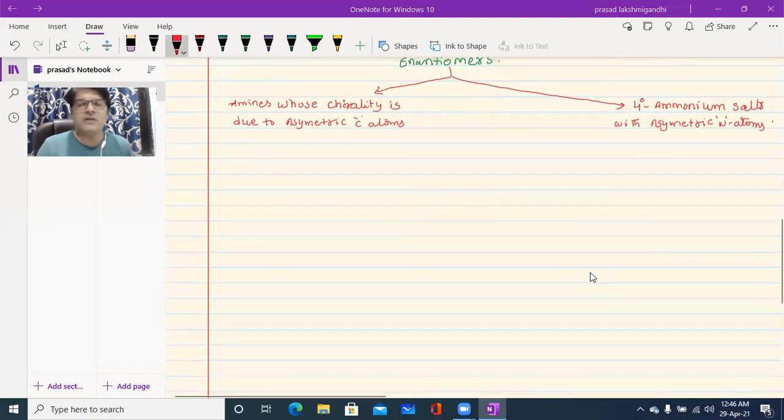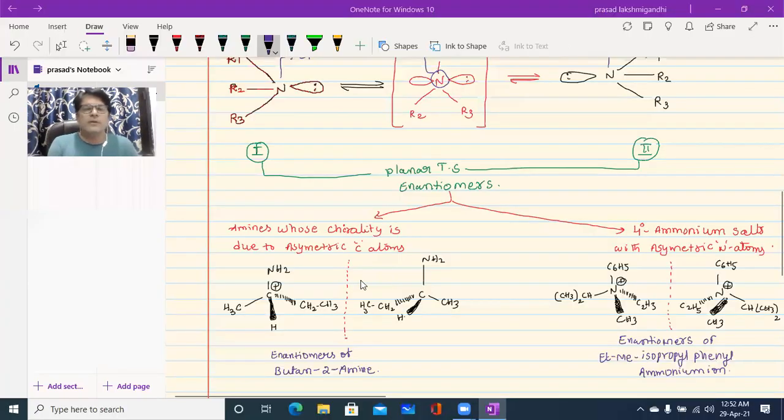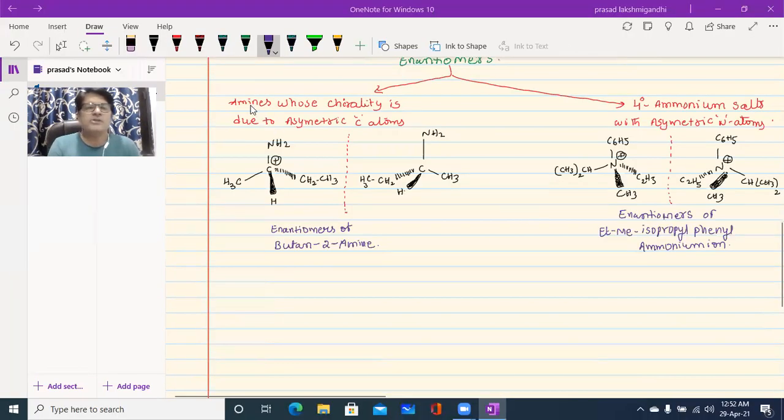Now see, here I'm going to draw and show how the enantiomers arise. I have already drawn the structure of the amine whose chirality is due to an asymmetric carbon atom. This carbon atom is asymmetric: CH3, hydrogen, C2H5, that is CH2CH3, and NH2, different groups attached to this carbon.